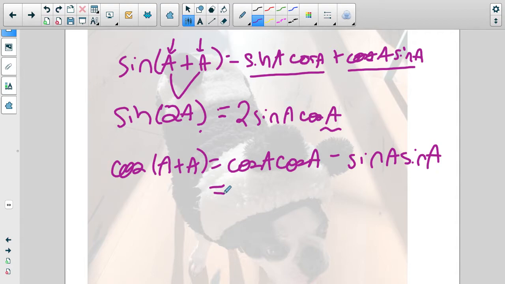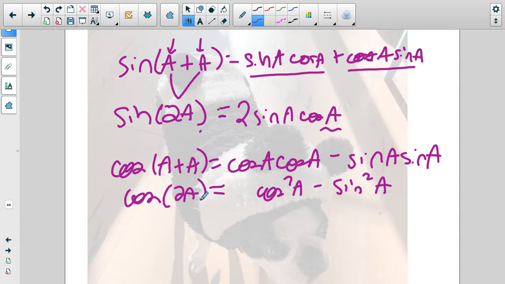Cosine times cosine of the same thing, now they're multiplied. So it's cosine squared A minus sine squared A. Now, what is cosine squared plus sine squared? It's 1. Cosine squared minus sine squared is equal to this, which is cosine of what's A plus A? So it's 2A. So this is another identity you'll have to learn.